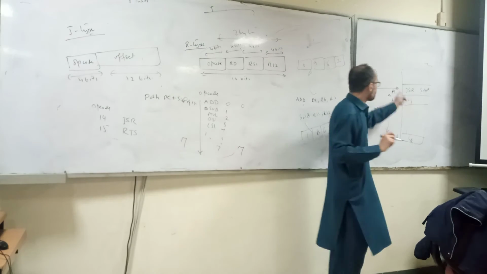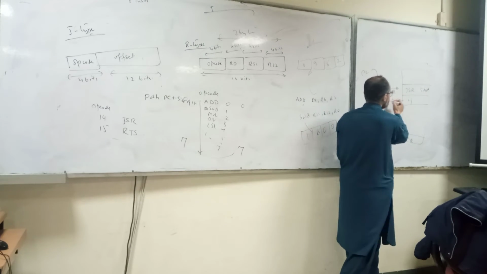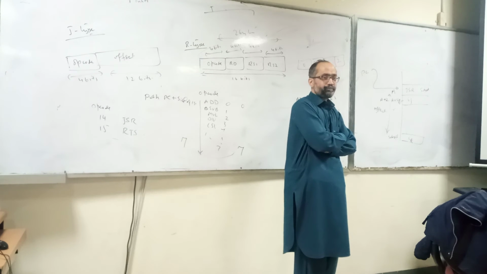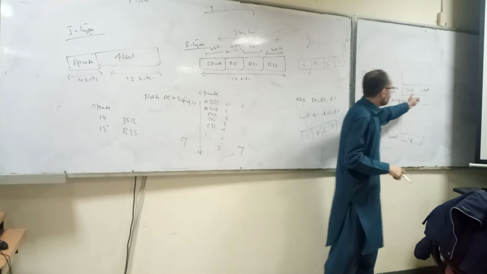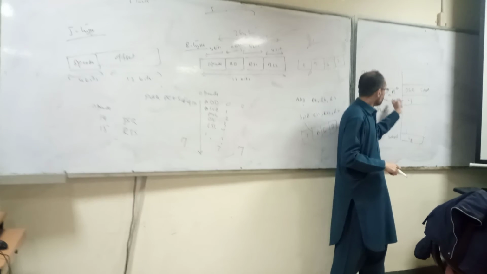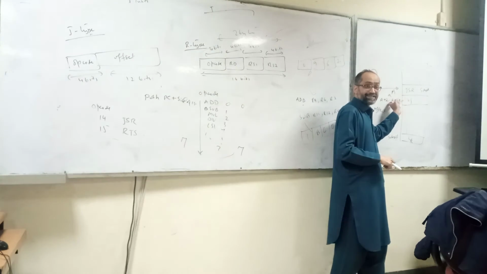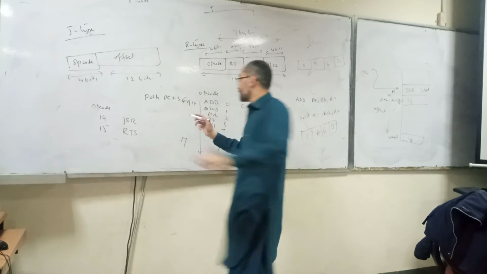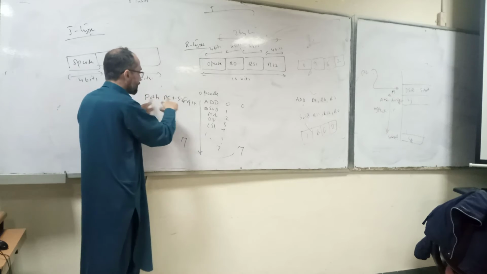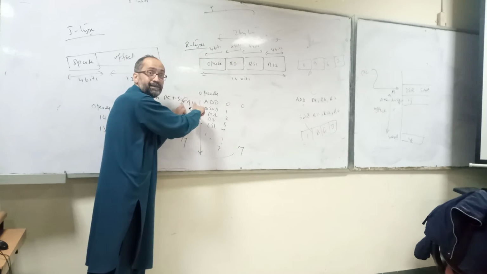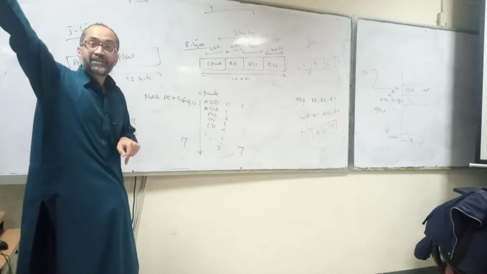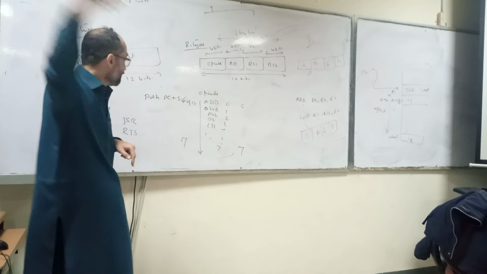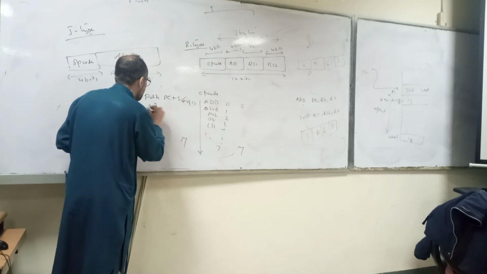So it is A plus 2. When jumping to the subroutine, you first push this address A plus 2 on the stack, that is, the contents of the program counter plus the size of the instruction. And then the PC will be updated.